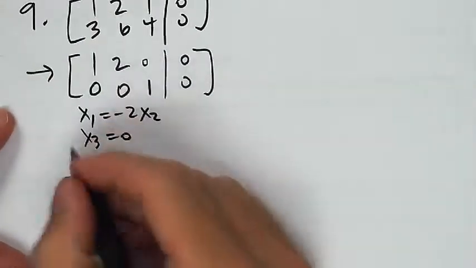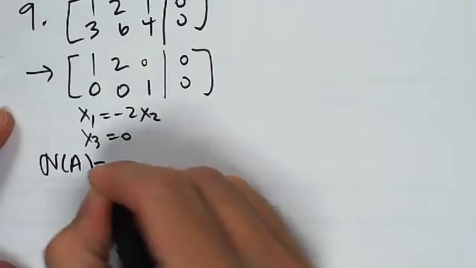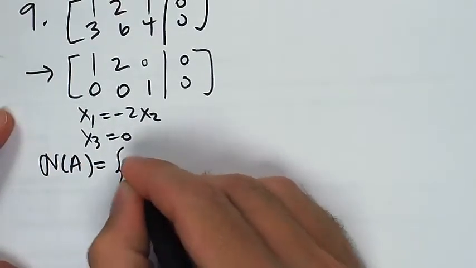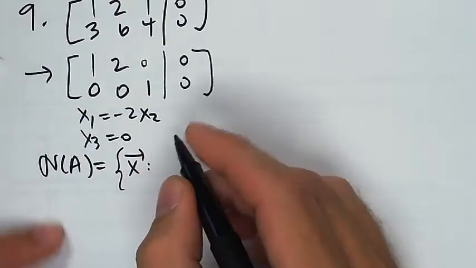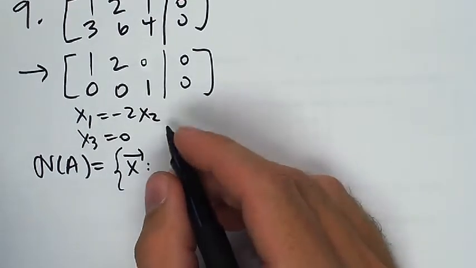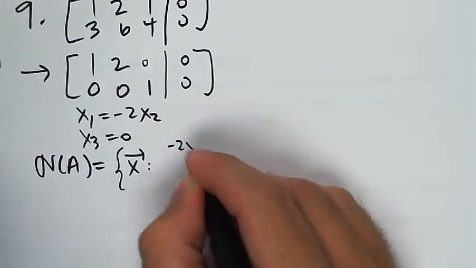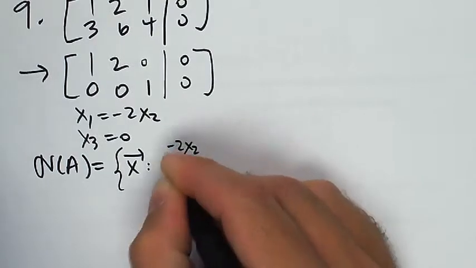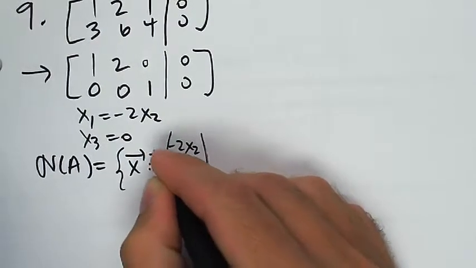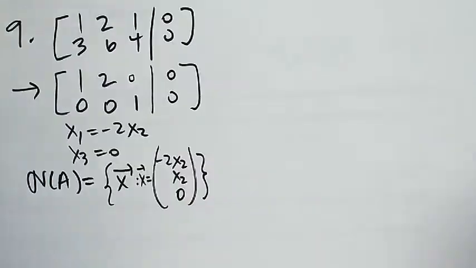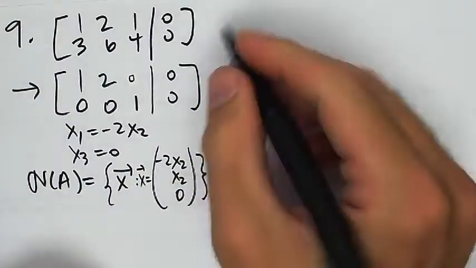So my null space is equal to the set of all vectors where x1, x2, x3 is negative 2x2, x2, and 0. All right. And that's my null space.